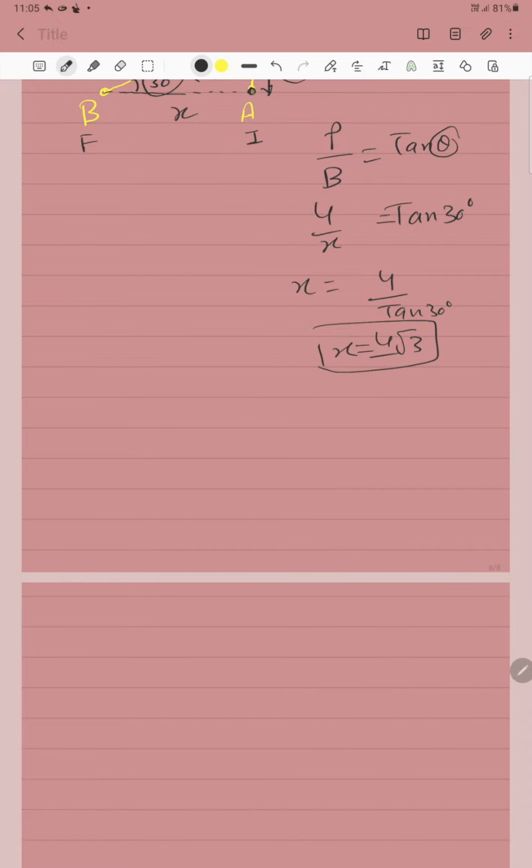Suppose now this is starting point A. Person go like this, take a turn, arrives here at point C and then comes here at point B. Suppose this is point D. Now question is very simple. Suppose this is 2 meter, this is 4 meter, and this is again 2 meter. What will be displacement between point A and B?